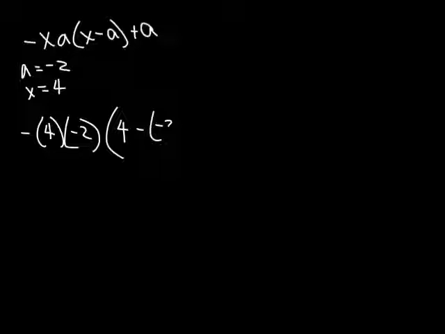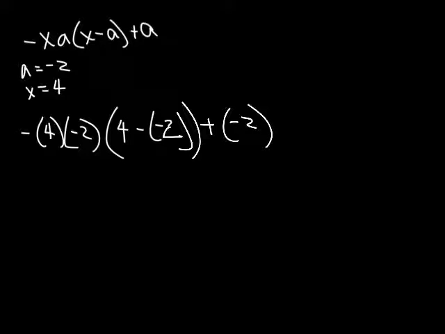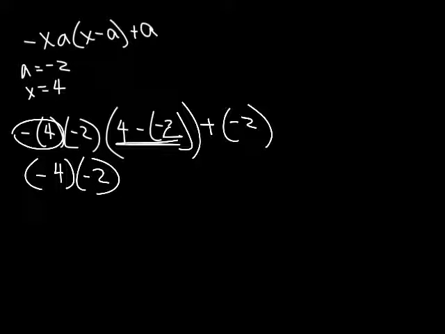Plus negative 2. So this is going to be a negative times 4 right here gives me a negative 4 times negative 2. And let's put these together. Two negatives give me a positive. 4 plus 2 is 6.